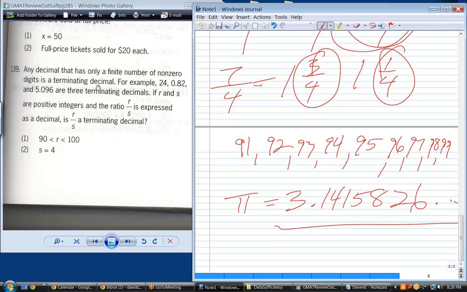Has to be. So anything that I can express as a fraction is a terminating decimal. And obviously 91 over any number is a number that I can express as a fraction. The same with any of these numbers. It doesn't matter what the denominator is, I have a rational number.